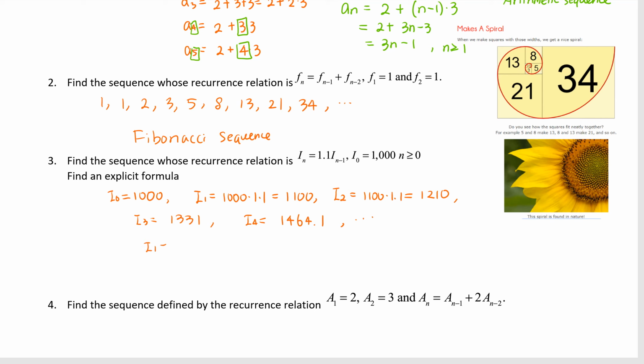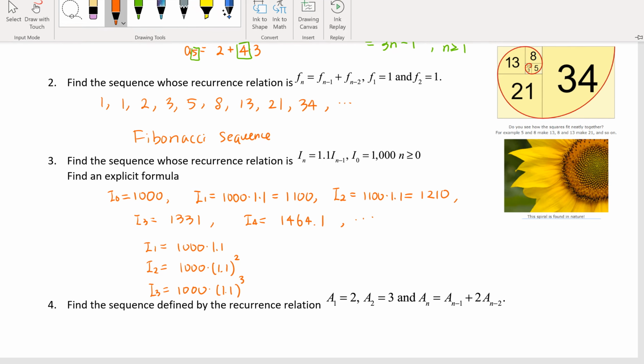In order to get an explicit formula, we also need to find the pattern. Okay, so pattern: I_1 is 1000 times 1.1. I_2, what do we do? We multiply by another copy of 1.1. So it's like we multiply by 1.1 squared. And then I_3, can you guess what happened? We multiply by 1.1, but this now is cubed.